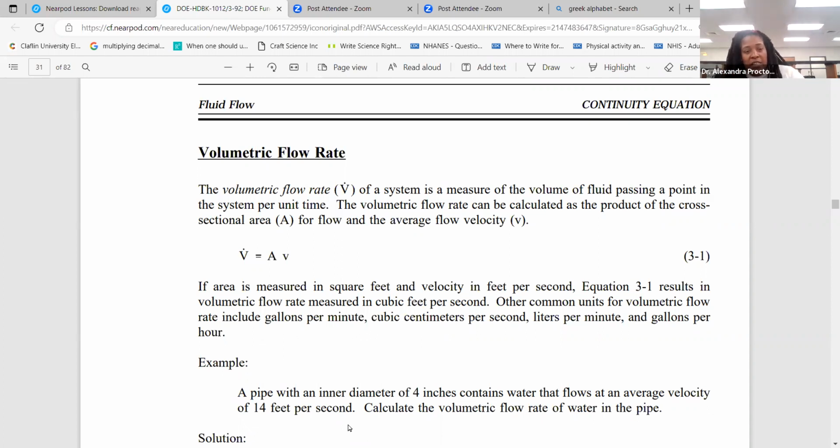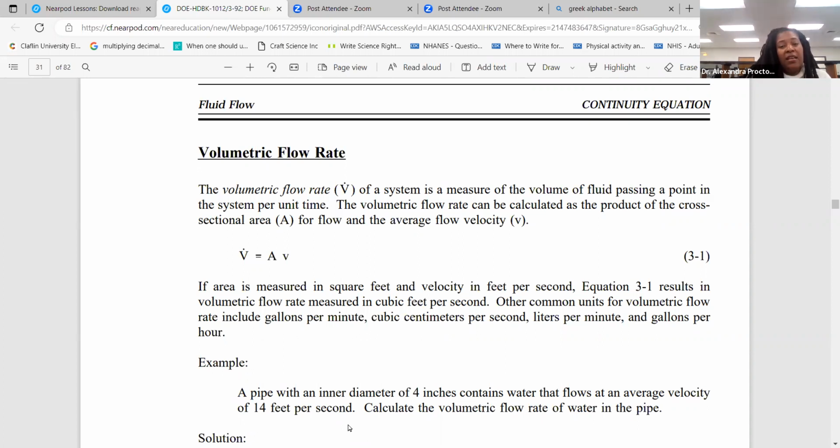So the equation is V is equal to A times lowercase v. If the area is measured in square feet and the velocity is in feet per second, the result is a volumetric flow rate measured in cubic feet per second.